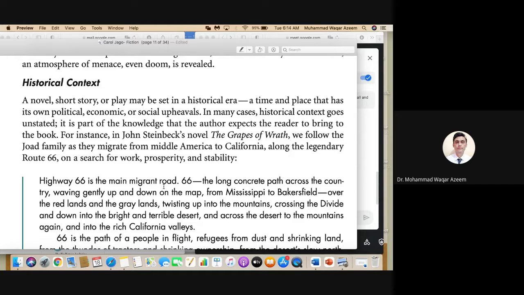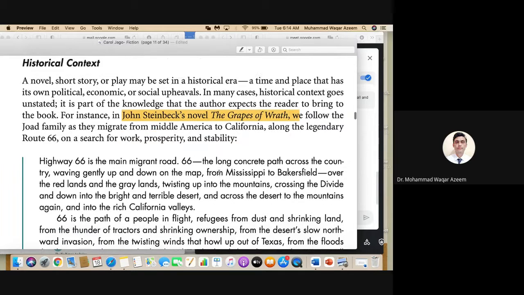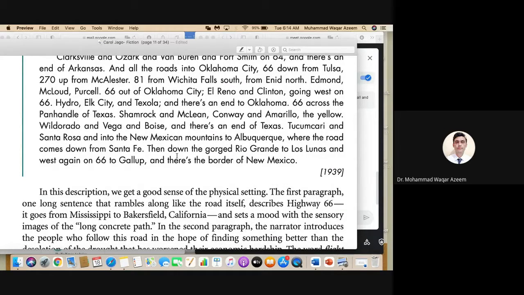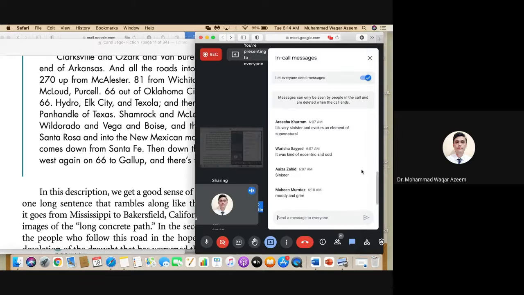Now, this example is from John Steinbeck's novel, The Grapes of Wrath. And as we read through this extract, we will realize that there is a lot of information that we can understand only through historical context.